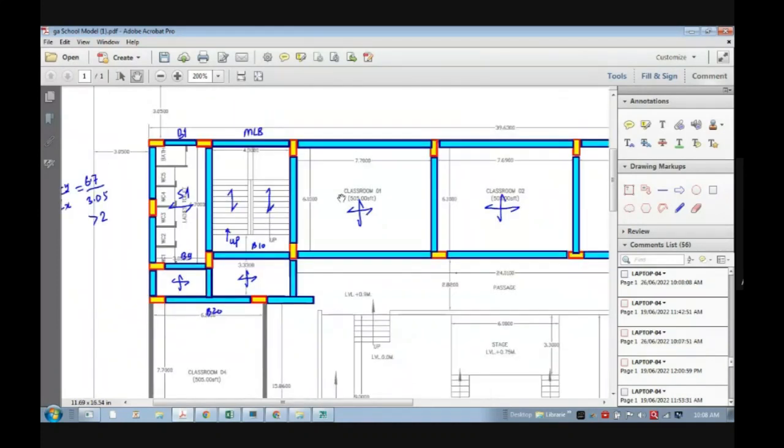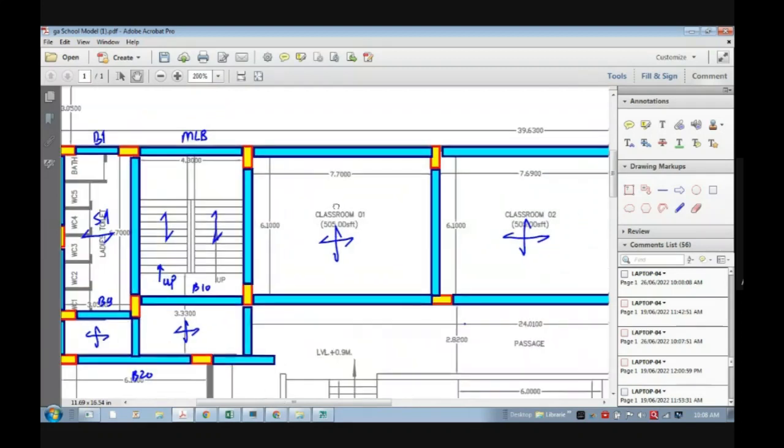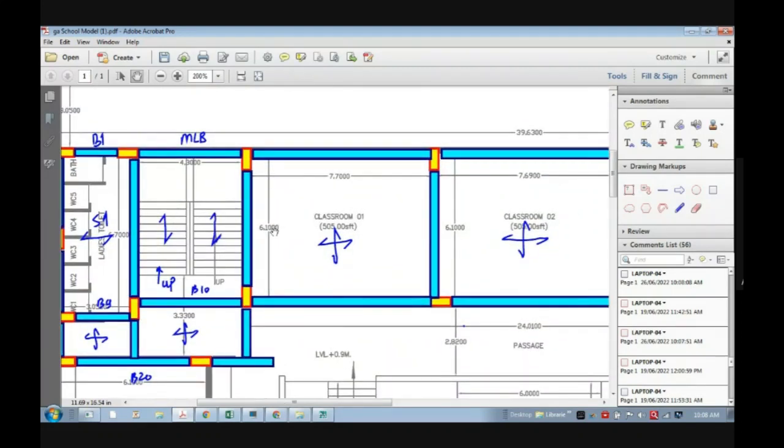But generally in residential or commercial buildings, I recommend as far as possible, don't design slabs more than 6 meters or 7 meters. Single slab, I'm saying. Are you getting what I'm saying? So the span is very big.